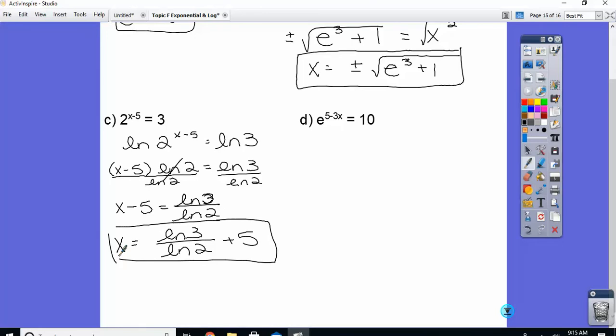So we get natural log of 3 over natural log of 2 with the plus 5 on the end. Questions there? Let's take a look at the last one.